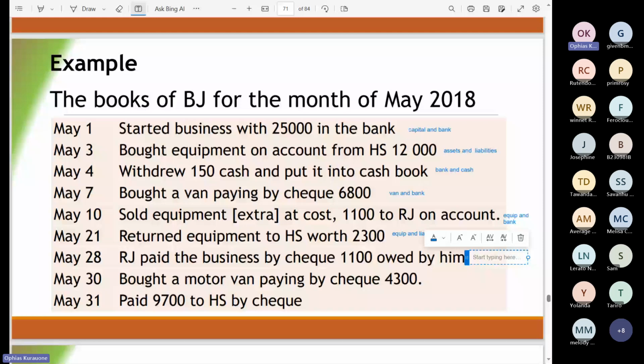RJ paid the business by check what was owed by him. Our bank receives.